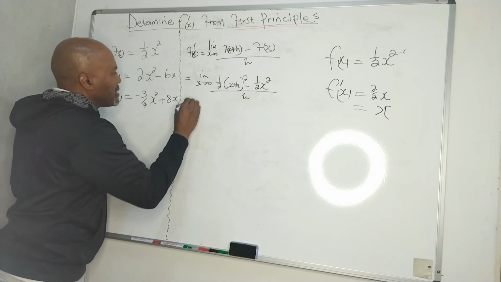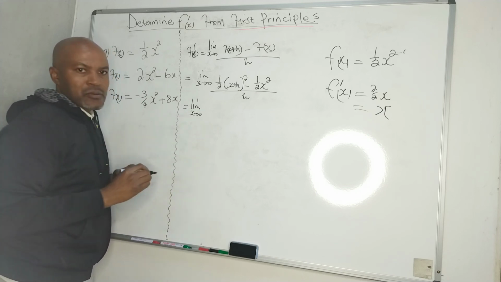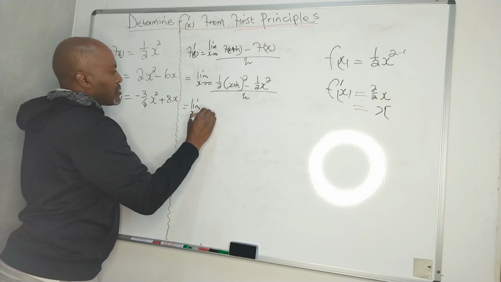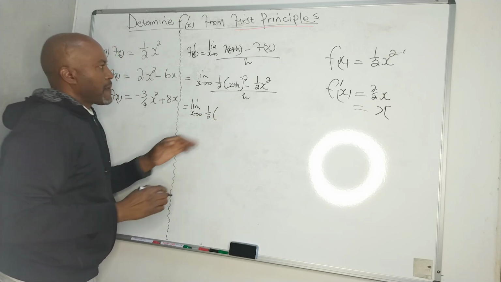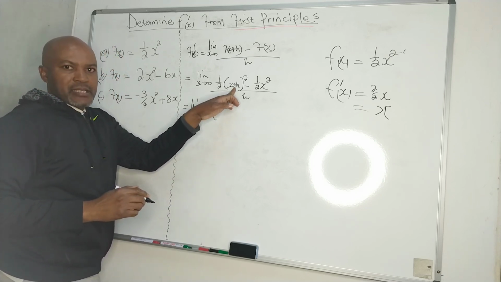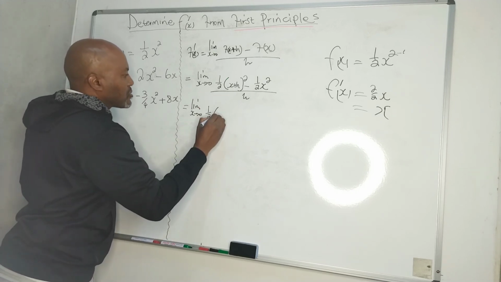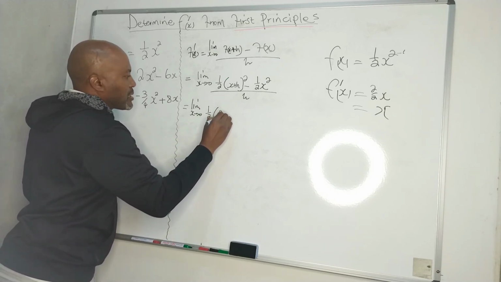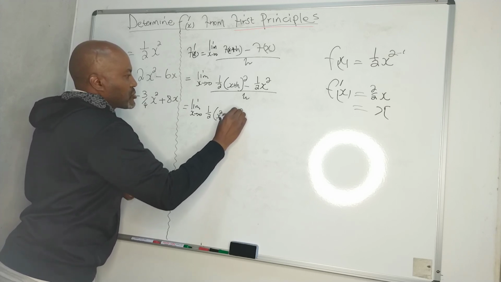Then this is equal to the limit as h approaches 0 of 1 over 2 into, you need to simplify this. Grade 12, we know that this is going to be x squared plus 2xh plus h squared.